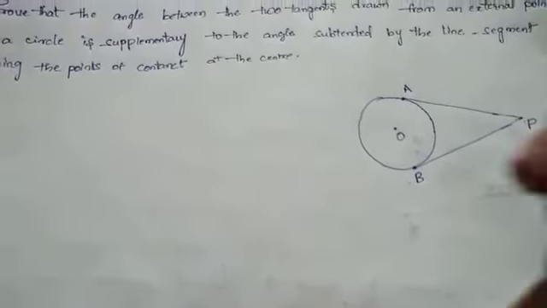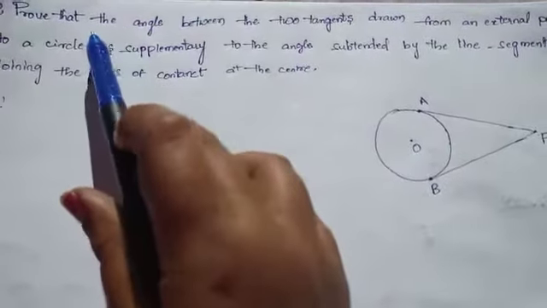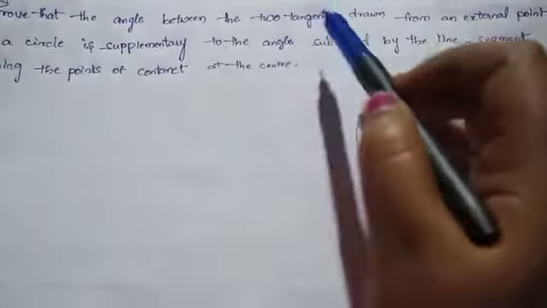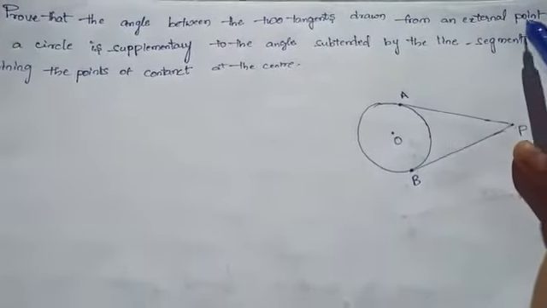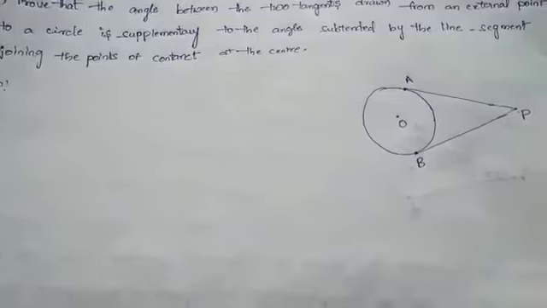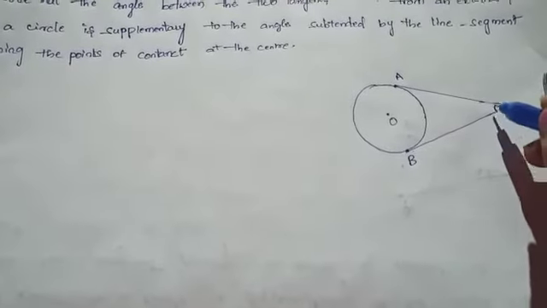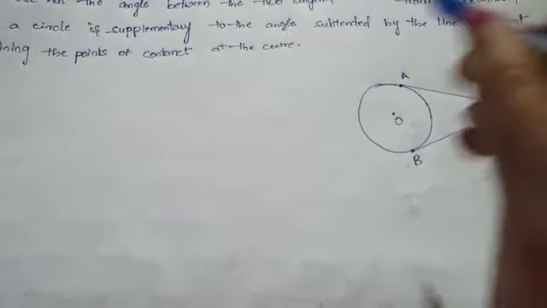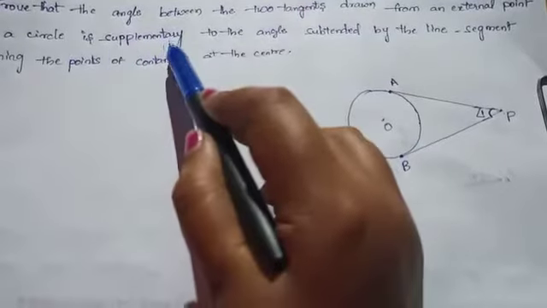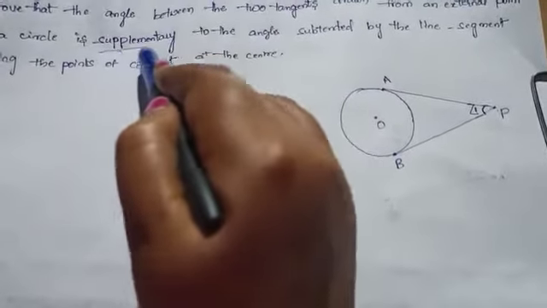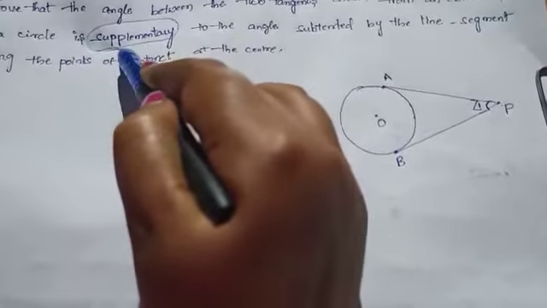Here we need to prove that the angle between two tangents drawn from an external point to the circle, suppose this is angle 1, is supplementary. Supplementary means the sum of two angles equals 180 degrees.